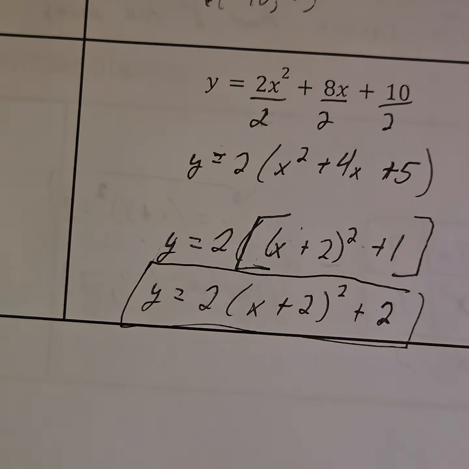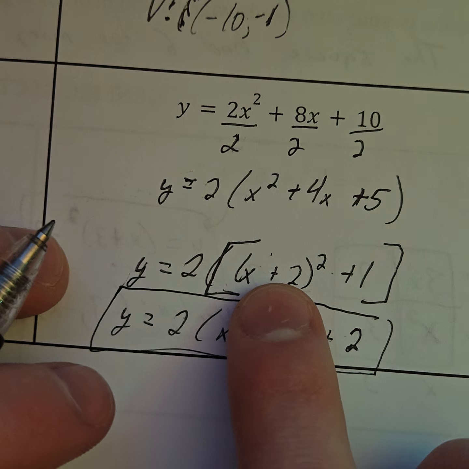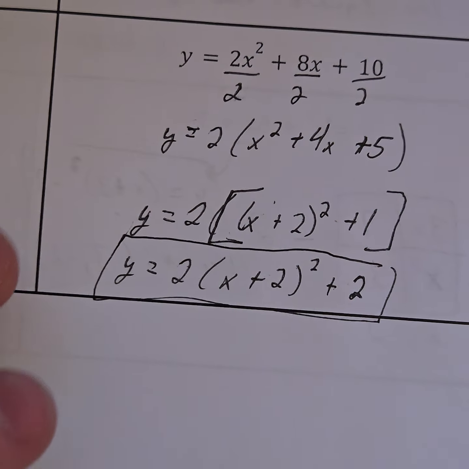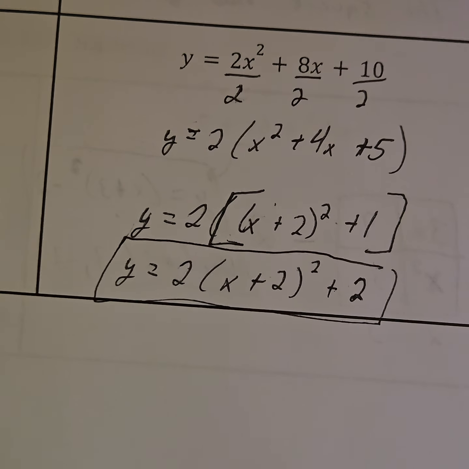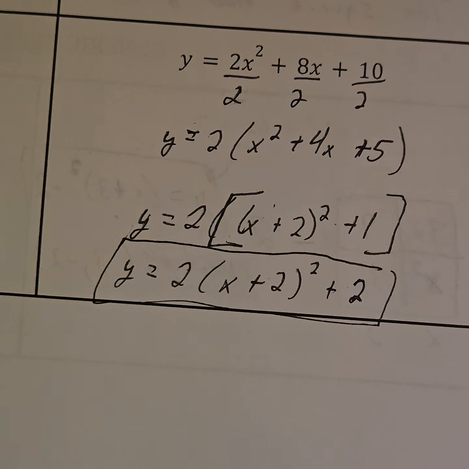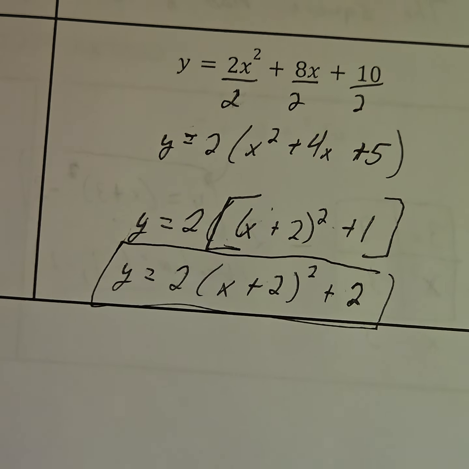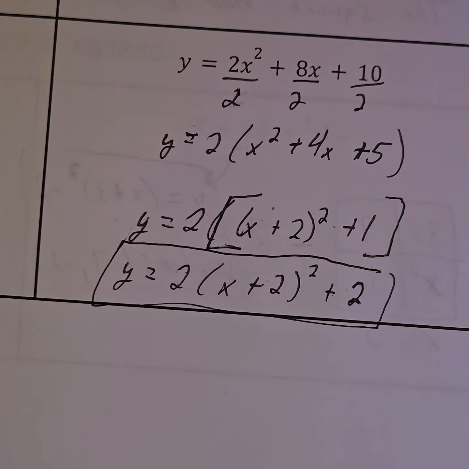And the vertex on this one, let me check really quick. I can't remember if we write the vertex as negative 2 and 1, or if we write it as negative 2 and 2. Let me just check. We're just gonna go to Desmos real quick and graph it. So if we had y equals 2x squared plus 8x plus 10.